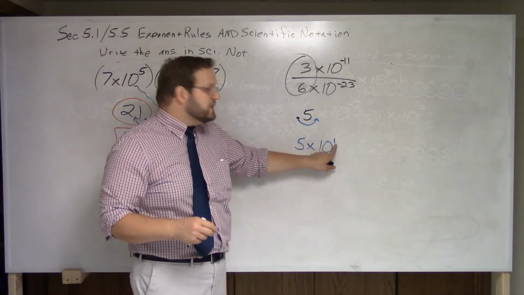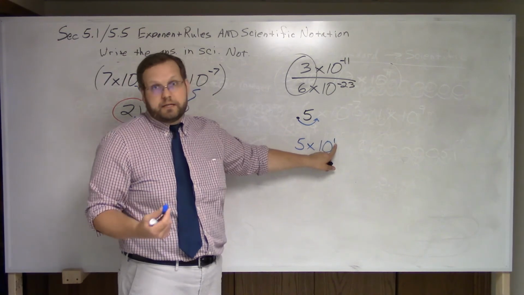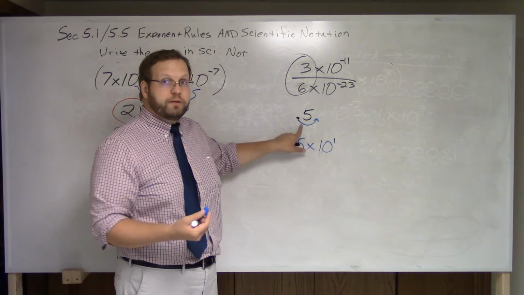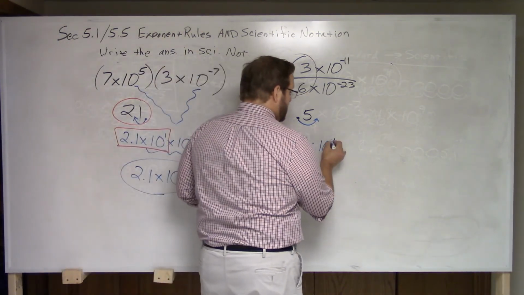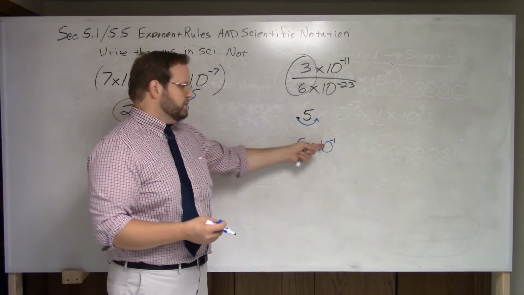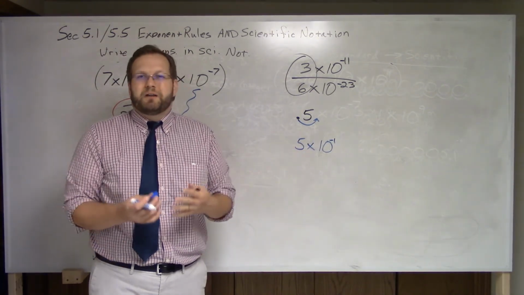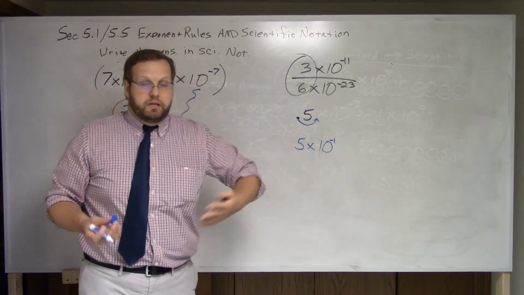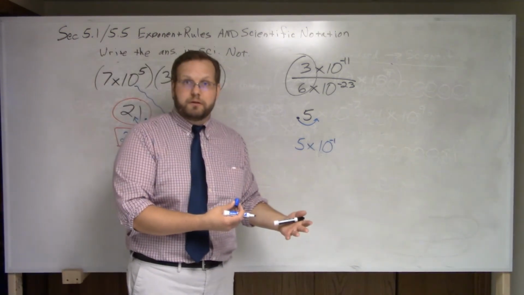If I leave this positive, that's a 10. 10 to the first is 10. 5 times 10 is 50, not 0.5. So it has to be a negative. Again, if you want to just think, well, this is smaller, so smaller means negative, that's fine. But if you're not sure, just think about the multiplication. Okay? If one doesn't work, then it has to be the other.